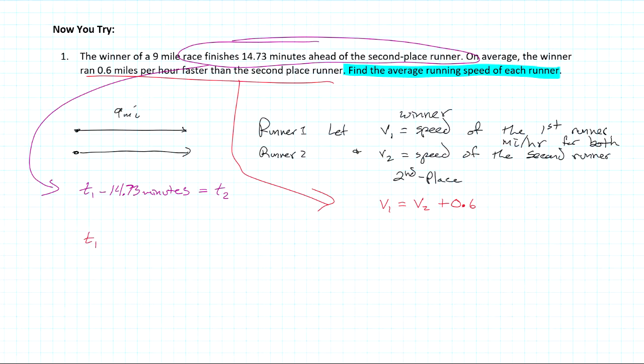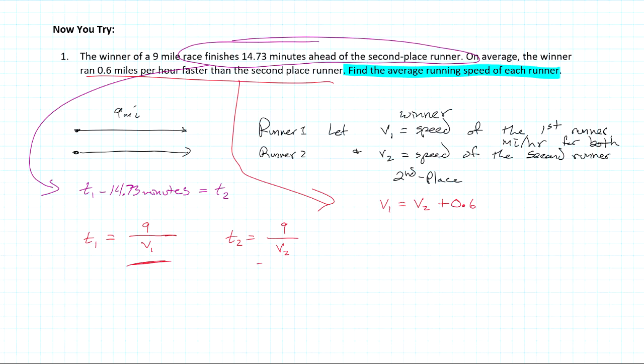The time for the winner is going to be the total distance over their speed. And what we're going to do for this is V2 plus 0.6. I'll leave it as V1 for a second, then we'll switch it. So 9 miles over their speed. And T2 is going to equal 9 miles over their speed, V2.